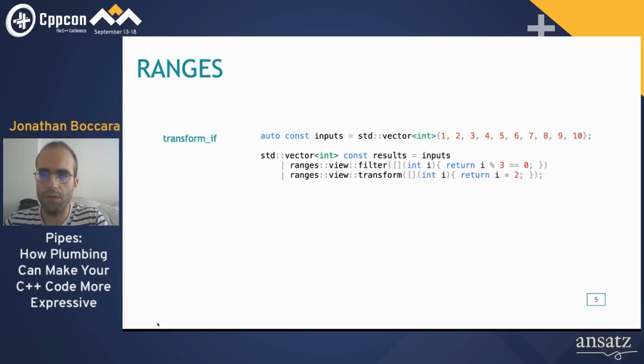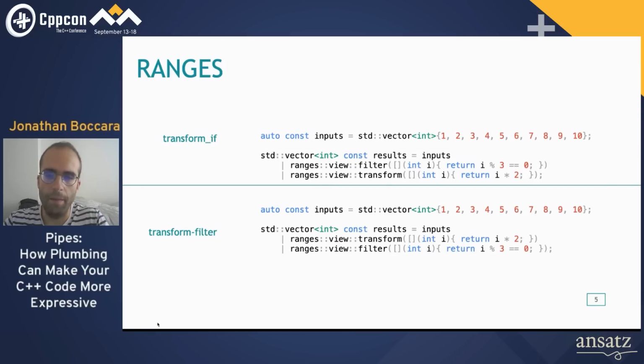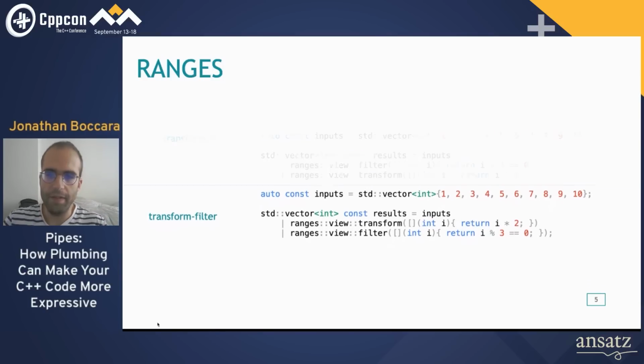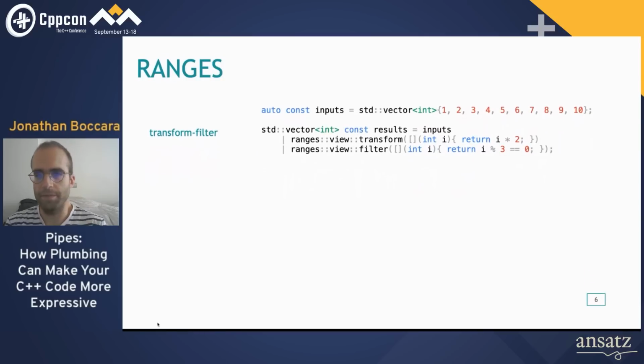And this does just what we expect, as in apply the function only on the elements that satisfy the predicate. That looks great. We can put the adapters in any way we'd like, and they would be applied in order, which is great.